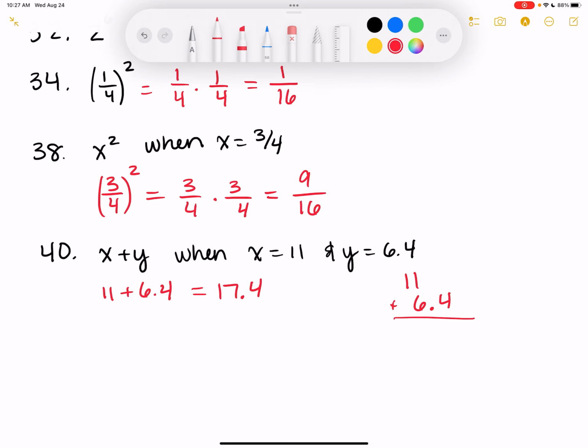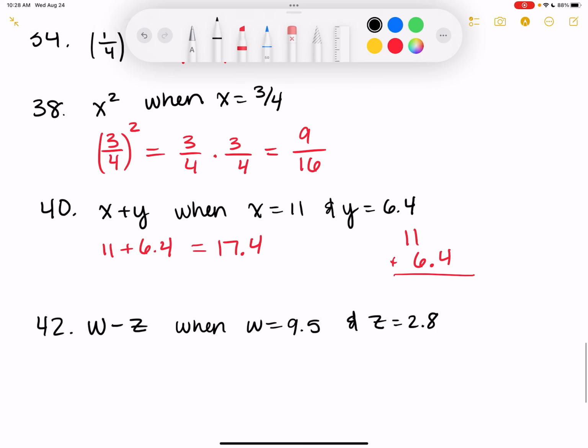All right, last one. 42, w minus z when w equals 9.5 and z equals 2.8. So I'm replacing w with 9.5 and z with 2.8. So I have 9.5 minus 2.8.